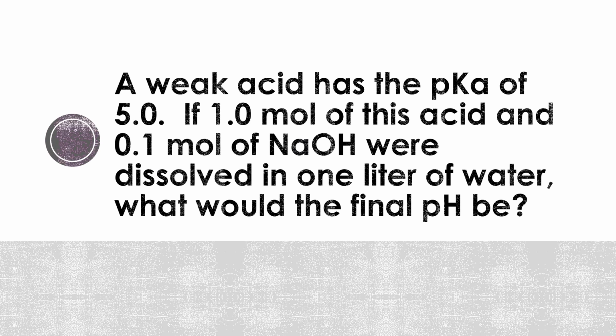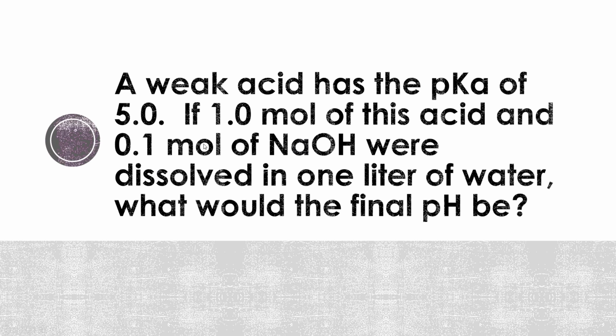What you have to do is identify what is my HA and what is my A minus. My A minus in this problem is going to come from the amount of sodium hydroxide that I've added. The sodium hydroxide that I've added is going to pull and steal away from my HA. My HA is 1 mole.